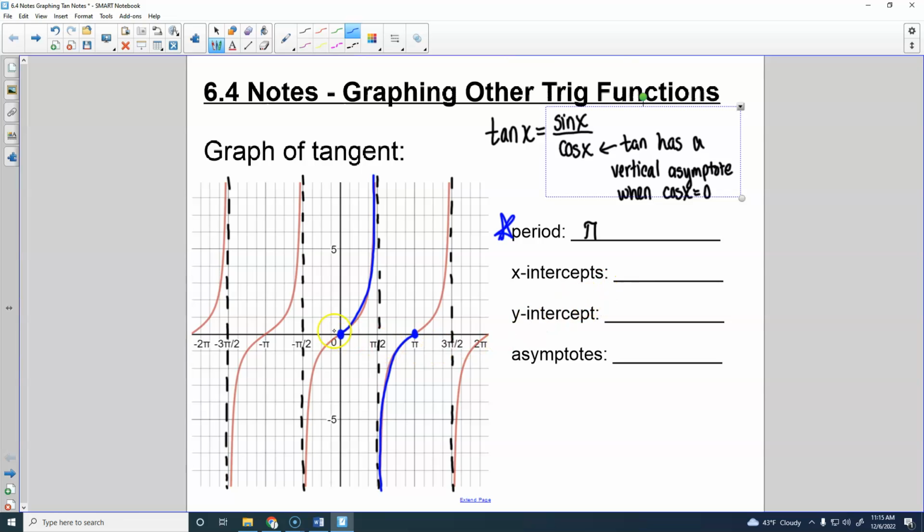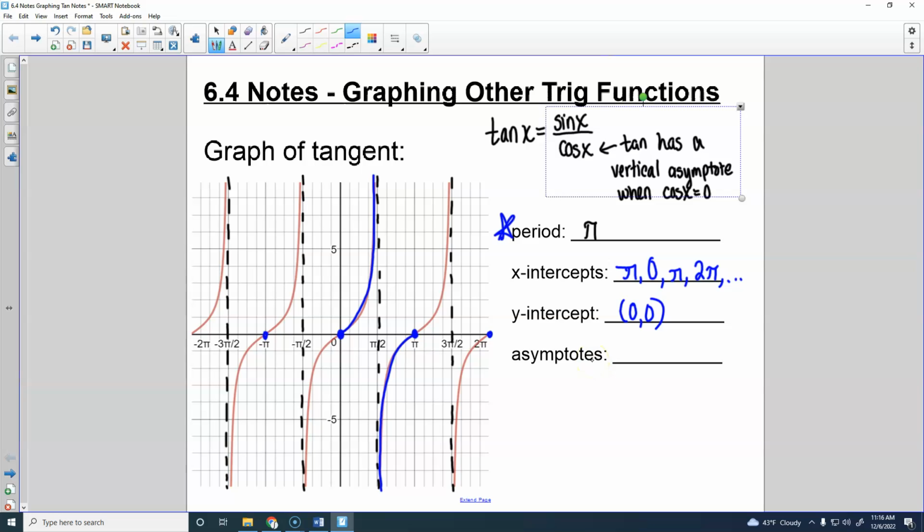For our x-intercepts, we can see here we've got negative pi, 0, pi. The next one, you can barely see it over there, would be 2 pi. So negative pi, 0, pi, 2 pi, and so on. Any increment of pi, you're going to have an x-intercept there. The y-intercept for this is at (0, 0).